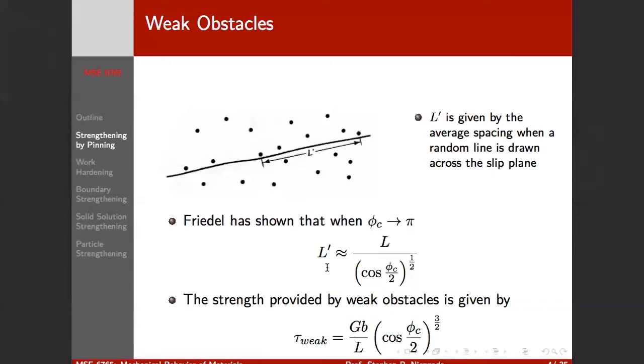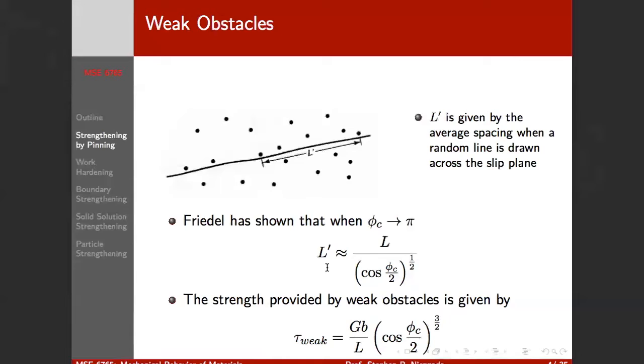But the main idea I want to capture is that when the obstacles are weak, the dislocation line remains straighter, and you're not relying on bowing to go around.